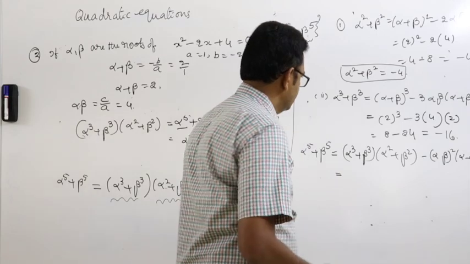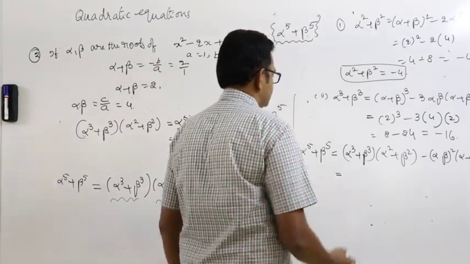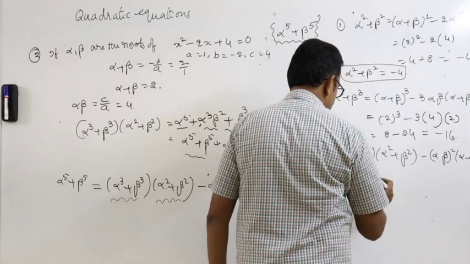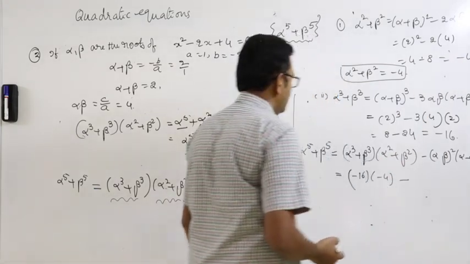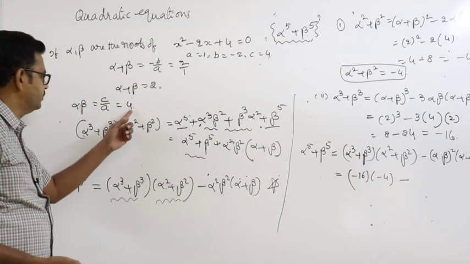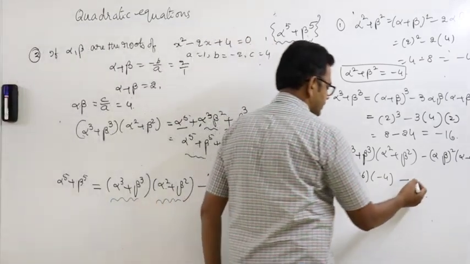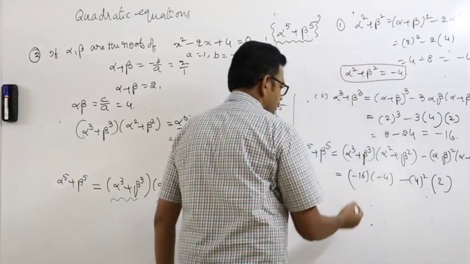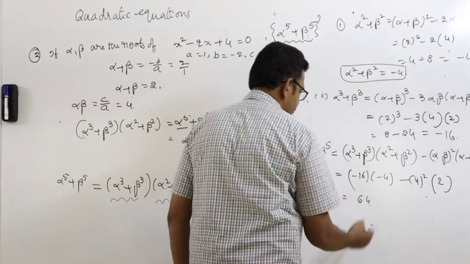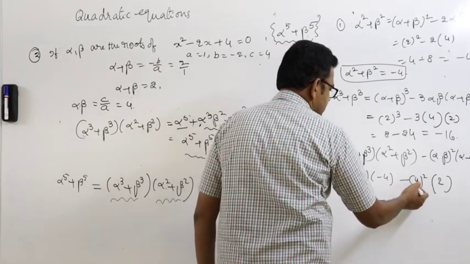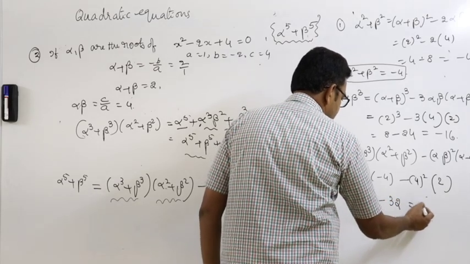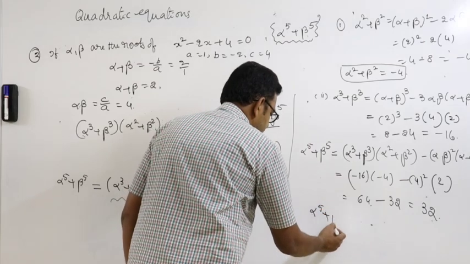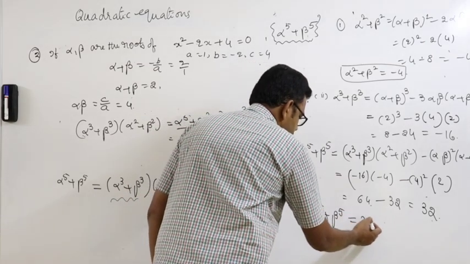The value of the first is minus 16, into minus 4, minus alpha beta, which is 4, so 4 square, into alpha plus beta, that is 2. So this is 64 minus 16 into 2, that is 32. The value is 32. So alpha power 5 plus beta power 5 is equal to 32.